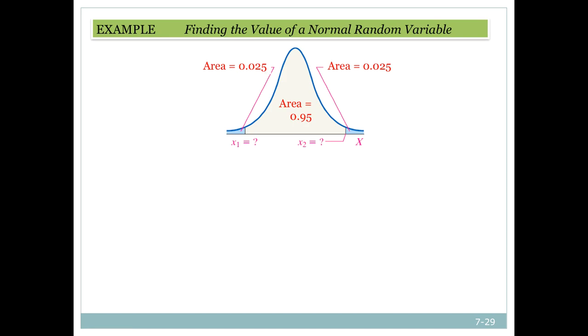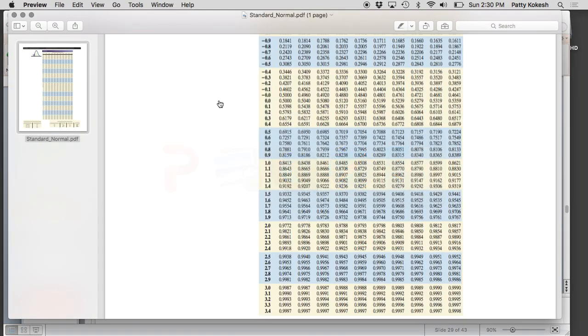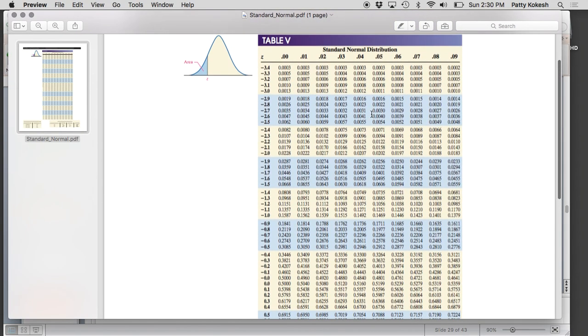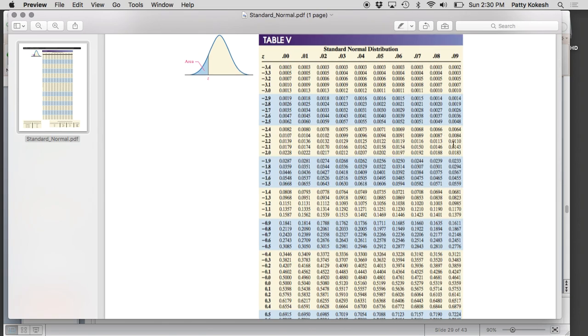The easiest way to do this is to just go back to my z table, and I'm going to look for 0.025, or something very close to that. And what you'll find here is that at negative 1.96, I have a value that's exactly equal to 0.025.